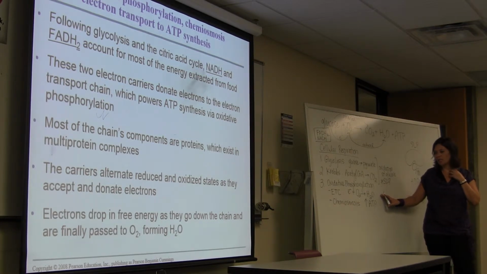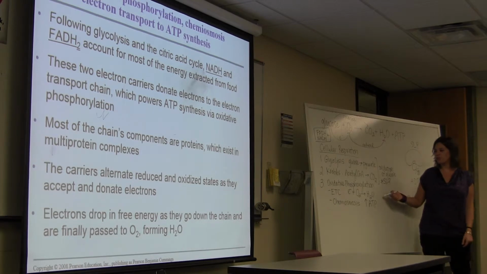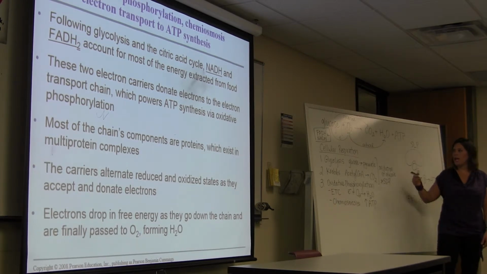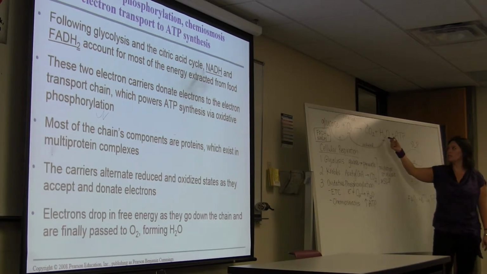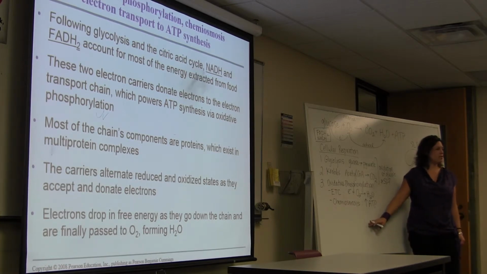This process is made up of 2 processes in itself. The first one is called the electron transport chain. This is where we're going to be adding those electrons to oxygen in order to make water. And then the final part of oxidative phosphorylation is called chemiosmosis.